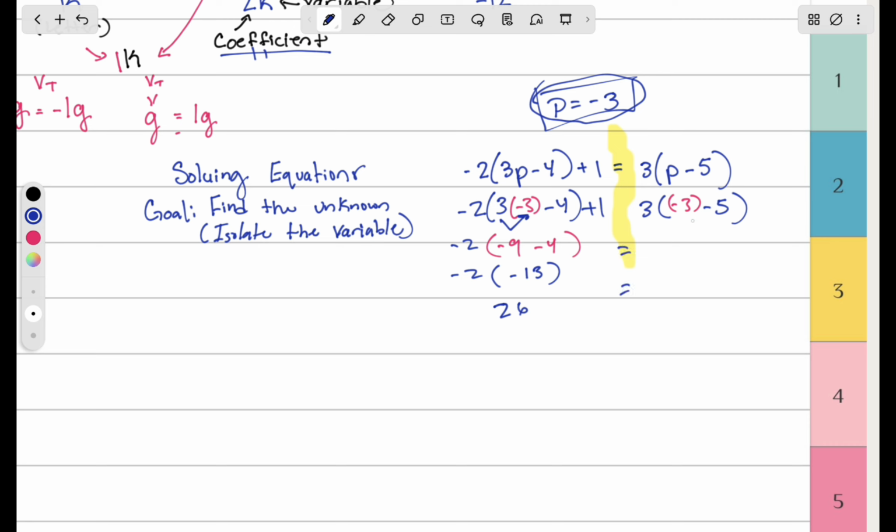All right? So you do it in parentheses first. -3 minus 5, right here, is -8. Then you bring down your 3. 3 times -8 is -24. Does 26 equal -24? It does not. So you handed me this wrong answer, and you could have checked it yourself, is what I'm saying. All right?